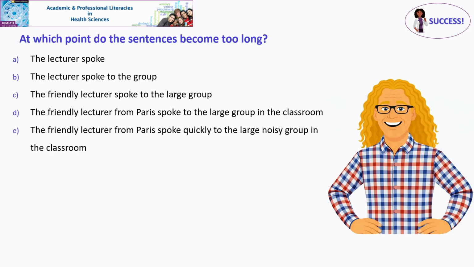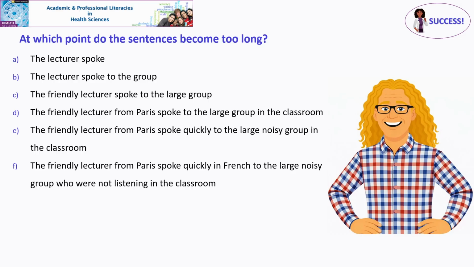The friendly lecturer from Paris spoke quickly to the large, noisy group in the classroom. Okay, so for each element, subject, verb, object, complement, we are adding more and more information.